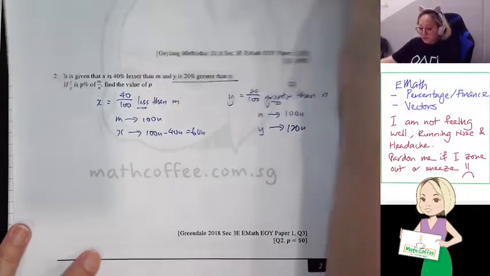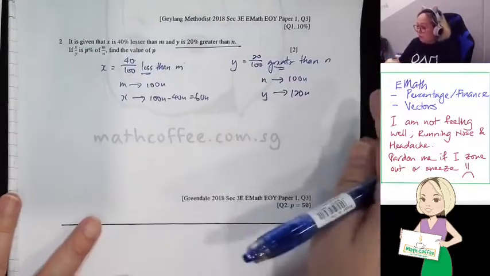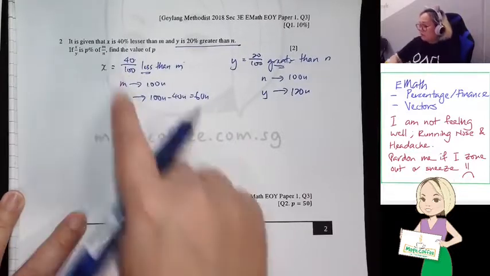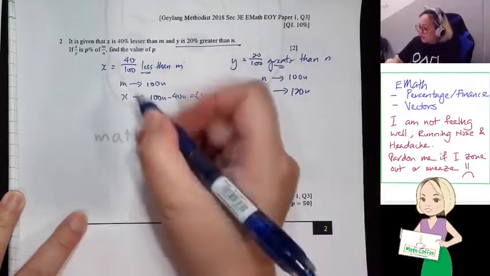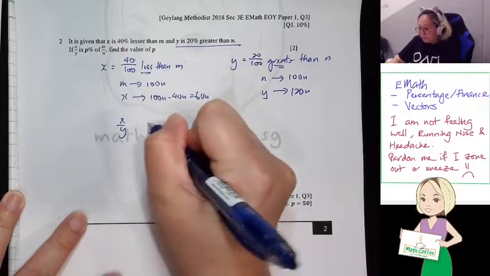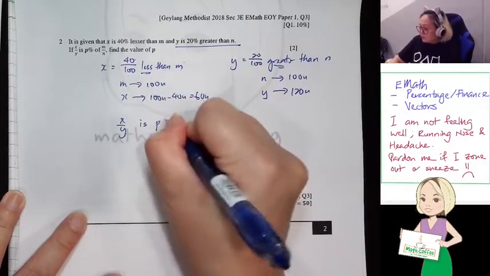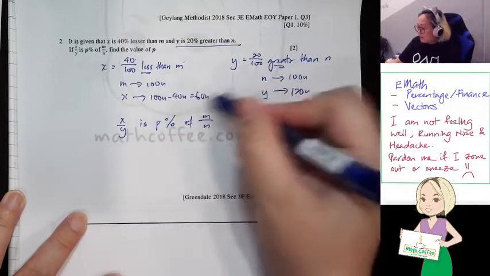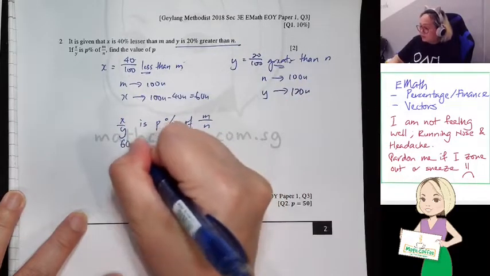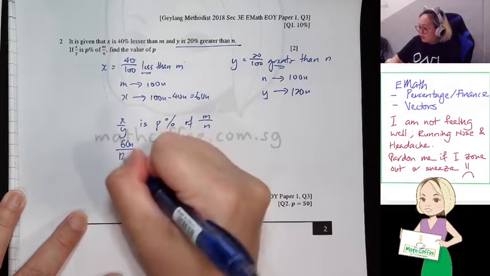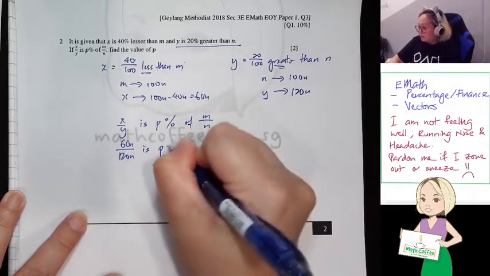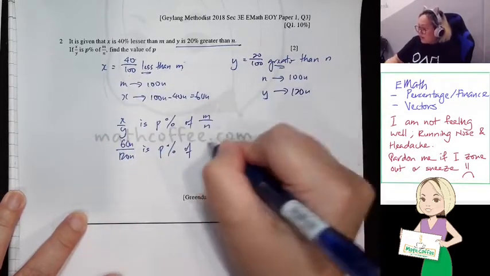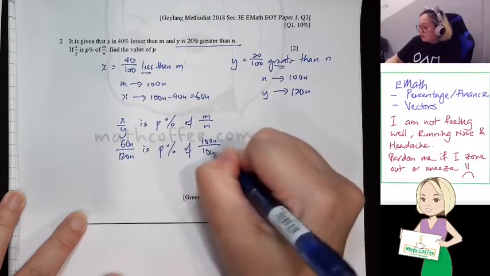So with this, they say x over y is p% of m over n. I'm going to take my x, which is 60, over 120 units, is p% of 100 units over 100 units.